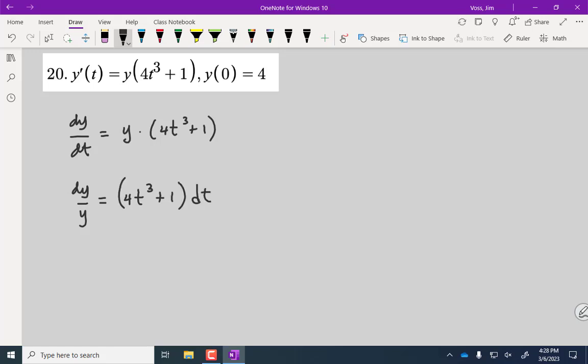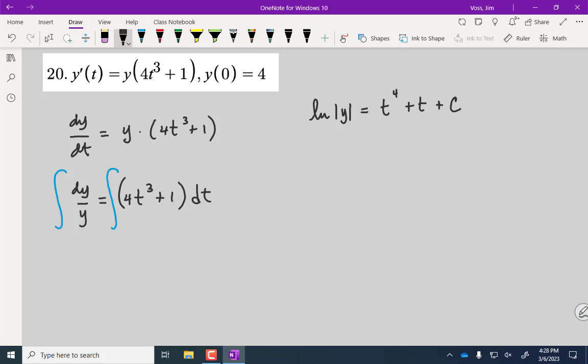Yes, and then we're going to integrate both sides. We have to be careful with the constant of integration here. So we're going to get natural log absolute value of y equals natural log 4. Here's the subtle step that I was thinking we might see last time.